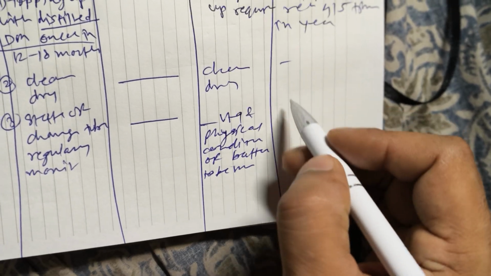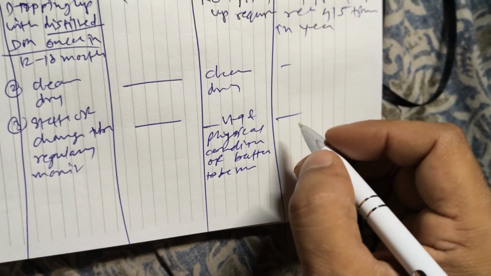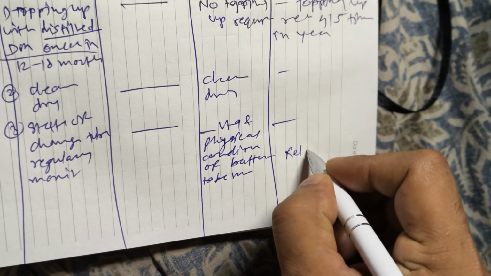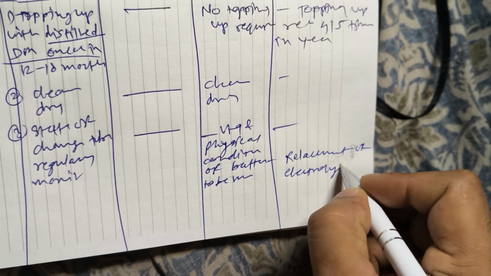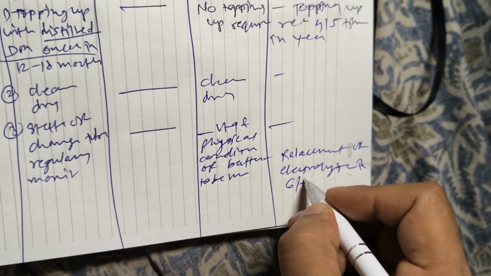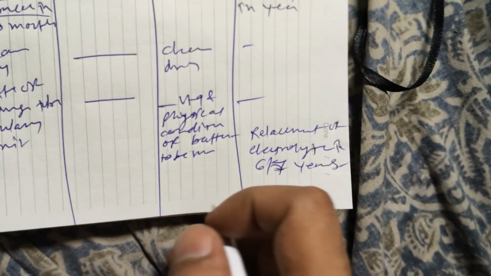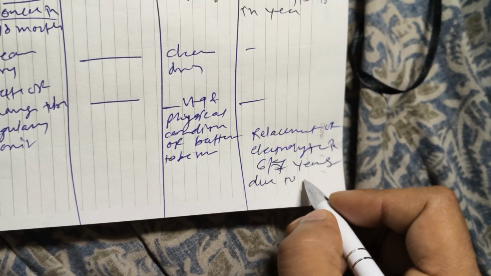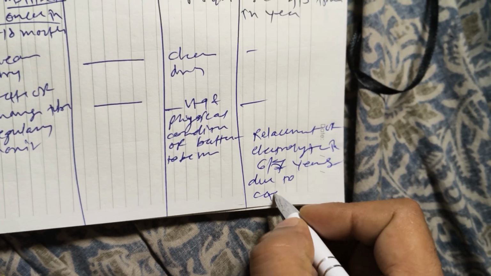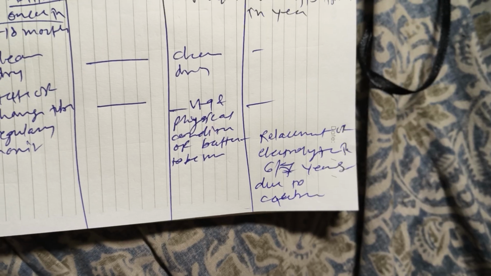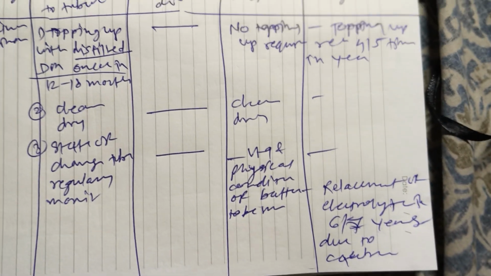It requires replacement of the entire electrolyte in 6 to 7 years due to carbonation. So some of the characteristics we will discuss in the next lecture.